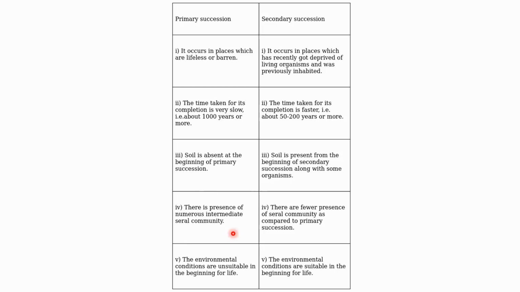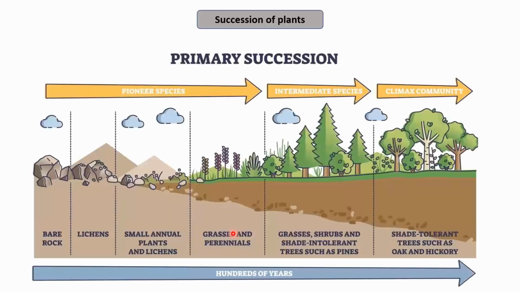The environmental conditions are unstable especially in the beginning of primary succession. In secondary succession, since the soil and some other organisms already exist in that area, the environmental conditions are suitable.